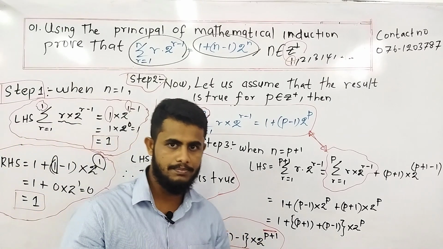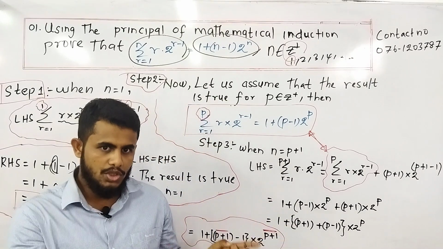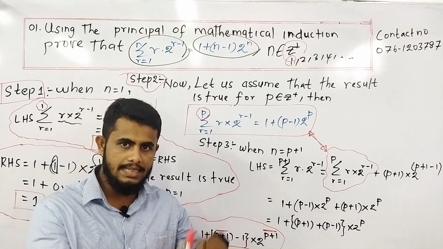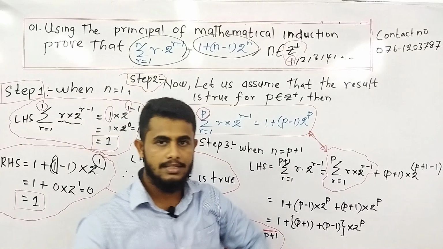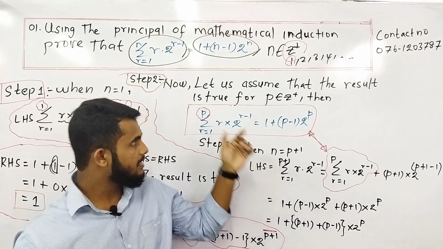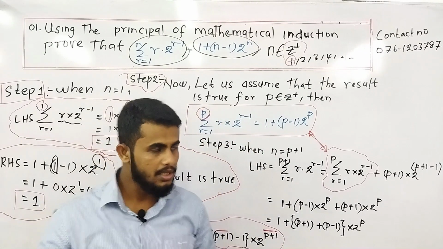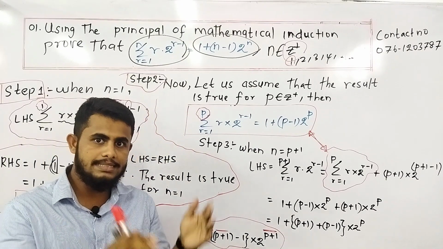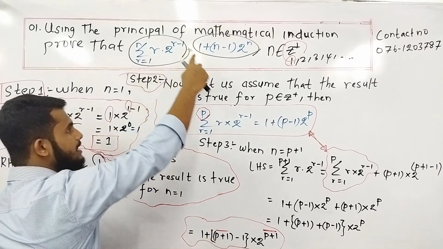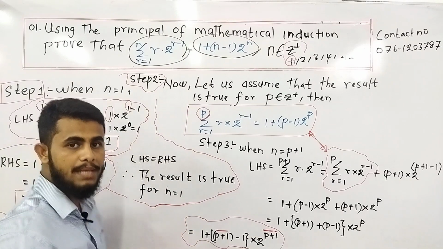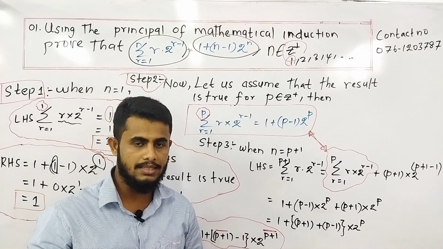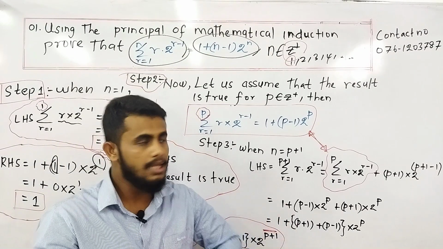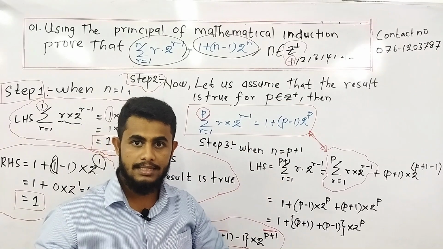What is the next step? I have to choose a random number in the set of Z plus. That random number is going to be p. So now we are going to assume that this result is true for n equals p, for p belongs to Z plus. The p is a random number in the set of Z plus.